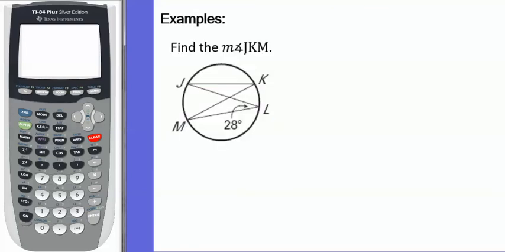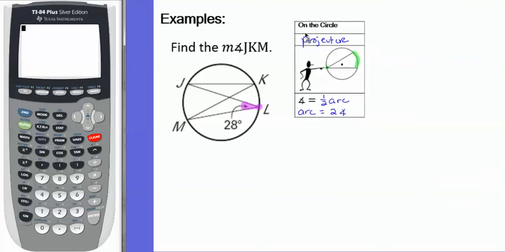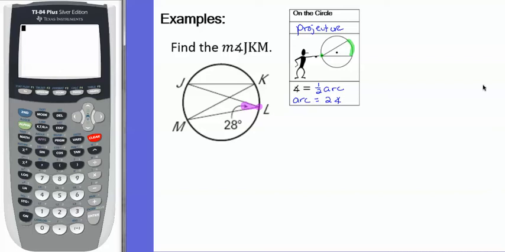So for our first example, I have to ask myself, here's my angle. Where's my vertex located? My vertex is located on the circle. So if I remember right from the last slide, and I'll pull it up, this is what I called a projector. So I want to see where that flashlight is shining.